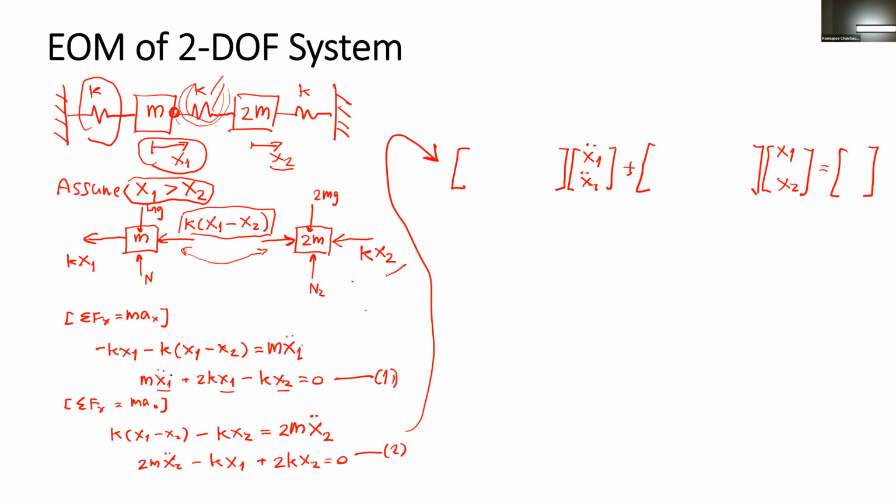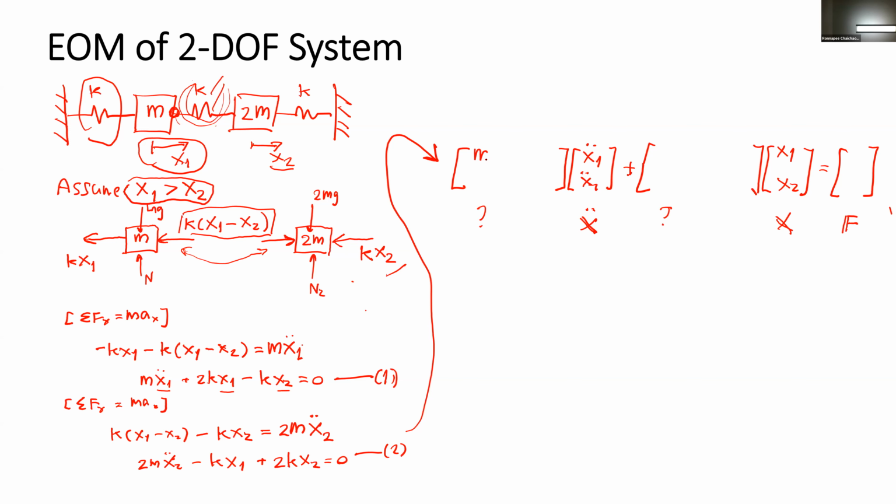So in the first equation, the component that multiplies the acceleration is like the matrix of acceleration. This is like a matrix of displacement, and this is like a matrix of input force. And what should be this matrix and this matrix? So here, we simply put the coefficients into the matrix.